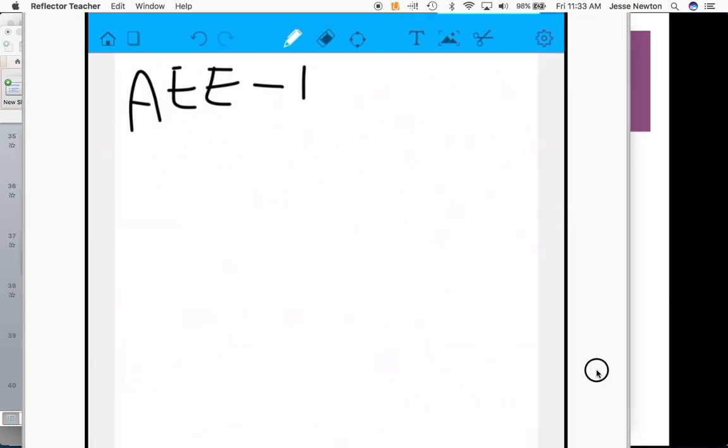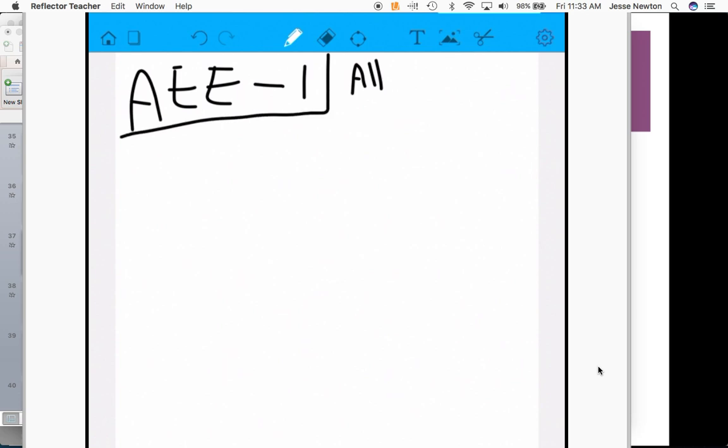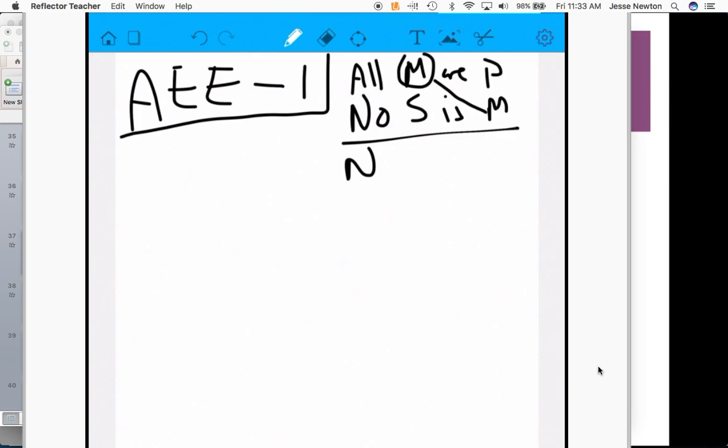Well, if it's AEE-1, it's going to be: all M are P, no S is M, and then no S is P. And remember, when we do figure 1, it goes from right here to right here.